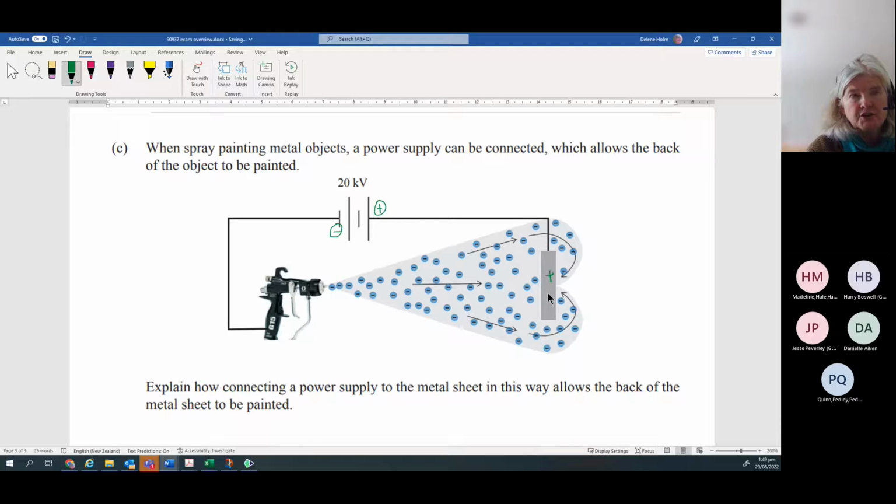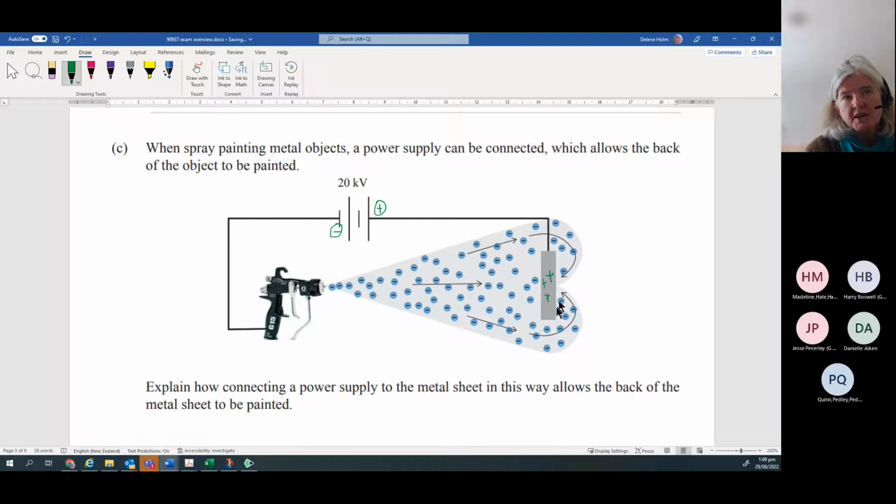So this is a positively charged plate, and again you have to just spell out the obvious detail. Because this is positive, it's going to attract the spray paint. So if the spray paint goes past it, it's positive on the back end as well as on the front end.